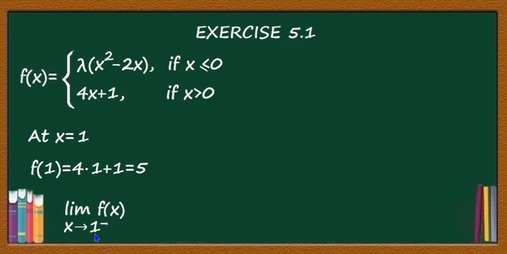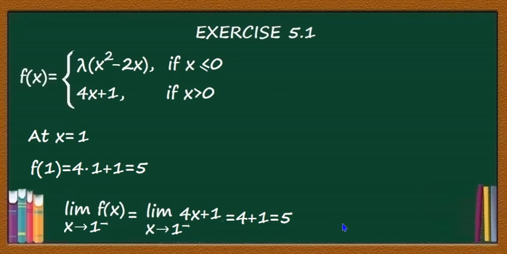And here 1 minus means slightly less than 1, and that is maybe 0.999 or 0.9, 0.9999 like that. And when it is slightly less than 1, then x is greater than 0, and function is defined as 4x plus 1 only, because near 1 the function is defined as 4x plus 1 only.